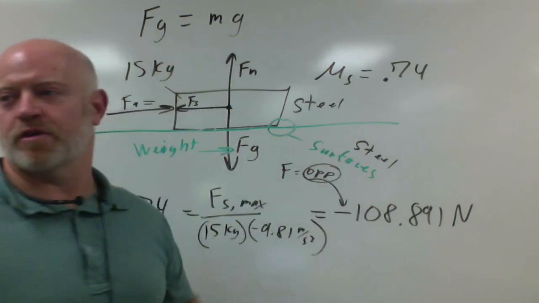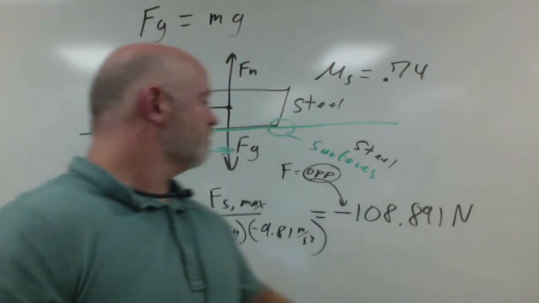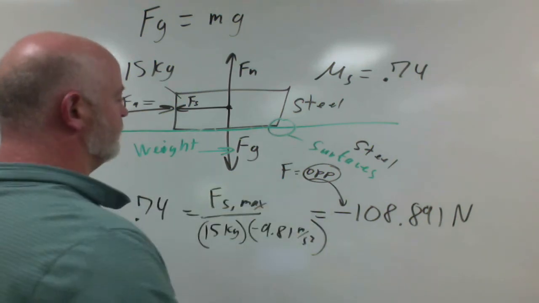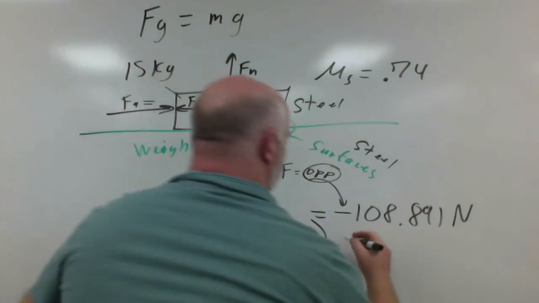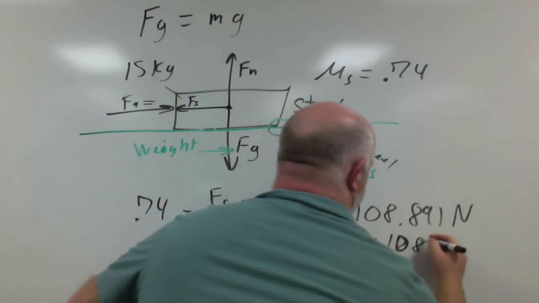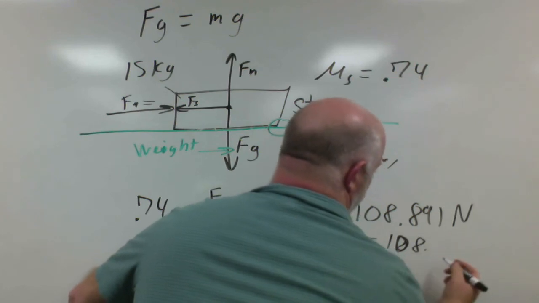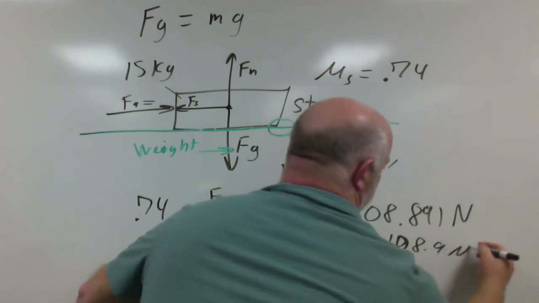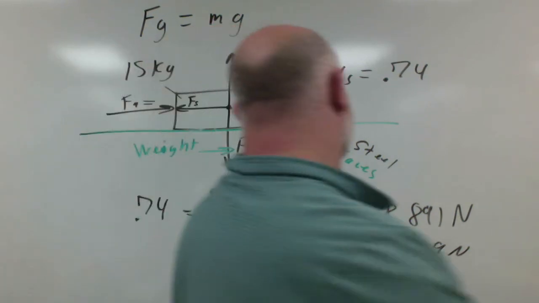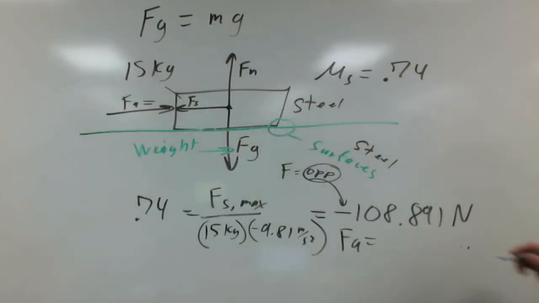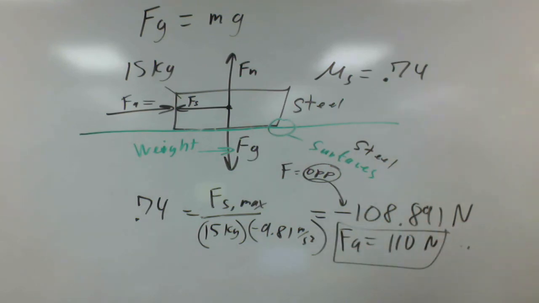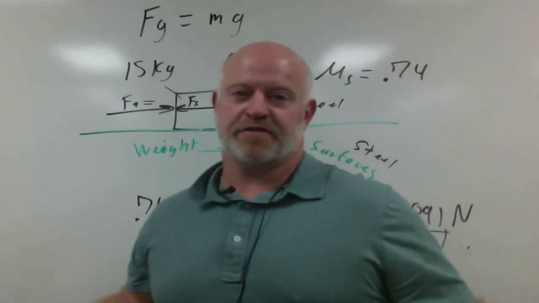Meaning we have an opposing force here. So the applied force would just be the positive version of this: 108.9 newtons of force. I only had two significant figures, so technically we should call that 110 newtons of force applied. That's friction.